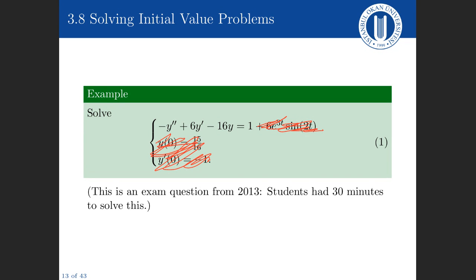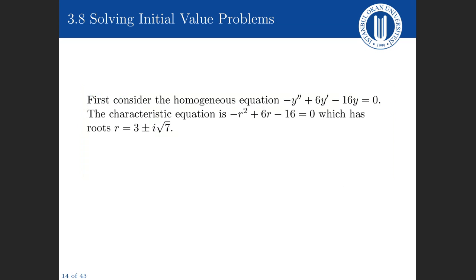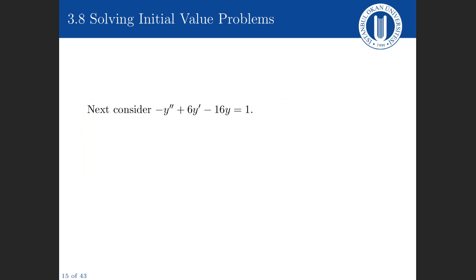After this, I'm going to forget the 1 and I'm going to look at the differential equation with 6e to the 3t sine 2t separately, and then I'm going to add my functions together. So, where was I? Next, consider minus y double prime plus 6y prime minus 16y is equal to 1.